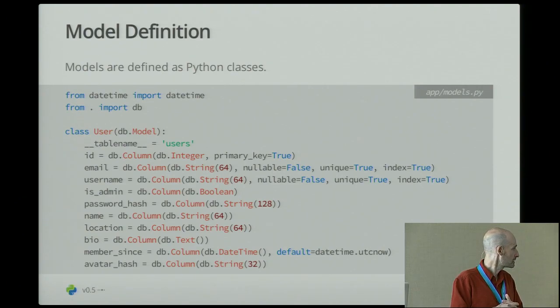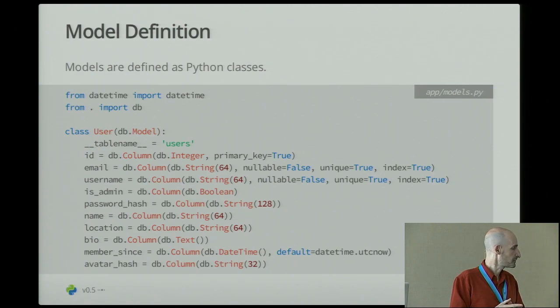The first data element is the ID. That's the primary key. In relational databases, all records that go in the database have a unique primary key. So that line will probably go into all your models. It's going to be in all the models that we're going to build here. And then I defined my data items. I have email and username for that person, a Boolean to know if this user is an admin or not, and the password hash.